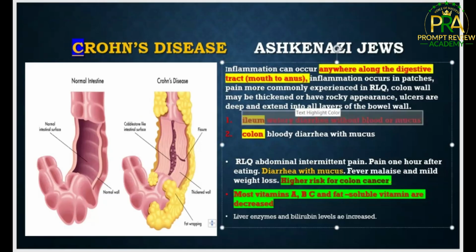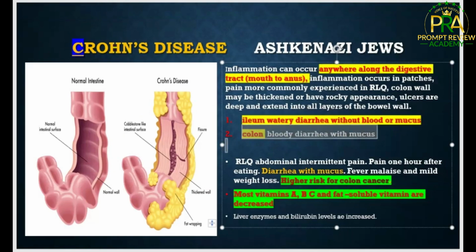But if this inflammation happens at the colon, the patient is going to have bloody diarrhea with mucus. So depending on where the inflammation happens, sometimes they ask you questions, because that is how you can compare it with ulcerative colitis.